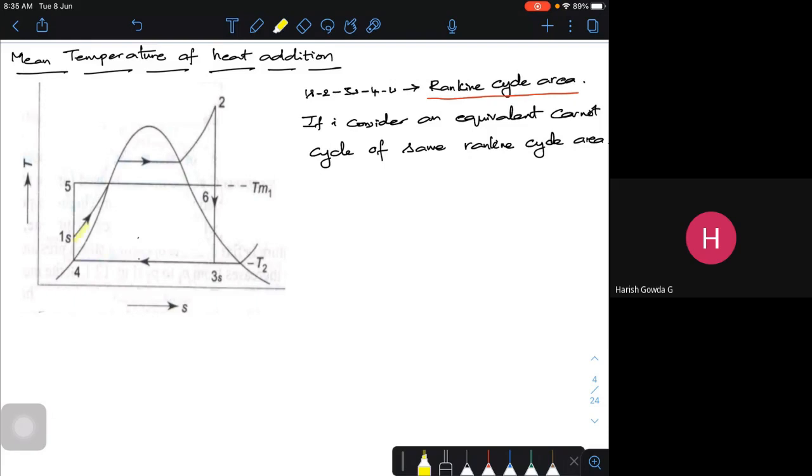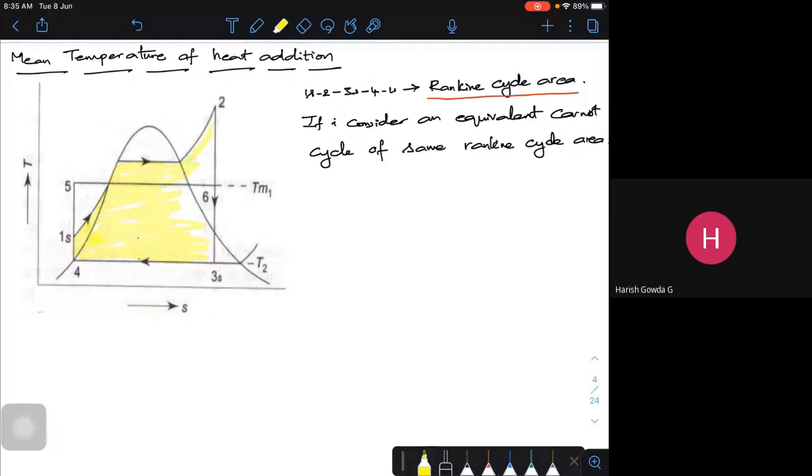So this particular area, which I am painting with the yellow color, represents the heat supplied.